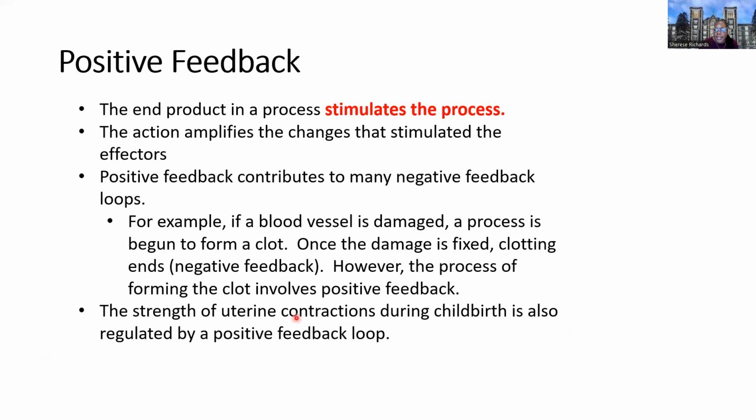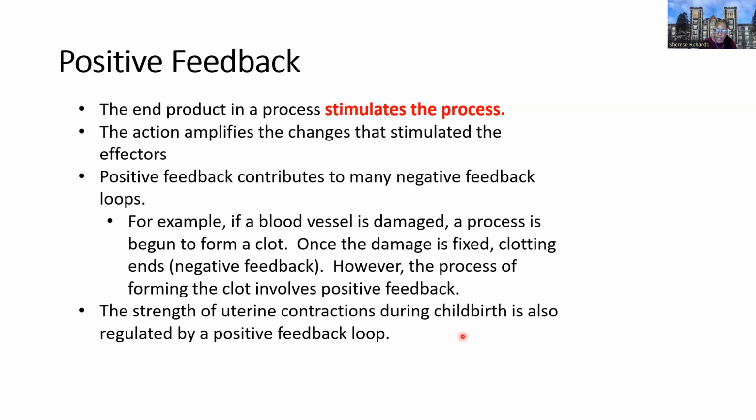Another good example is the uterine contractions during childbirth. Those uterine contractions are regulated by a positive feedback loop. They get stronger and stronger and stronger, which again is a change away from set point in terms of the state of the uterine smooth muscle. But that is intended, and that is a very necessary change for a short period of time.